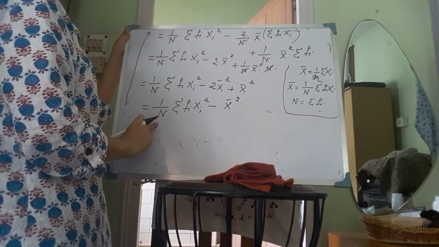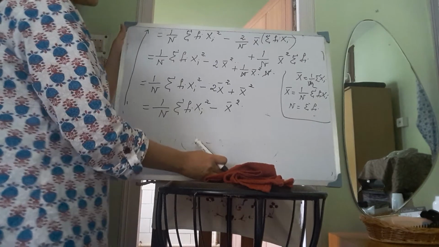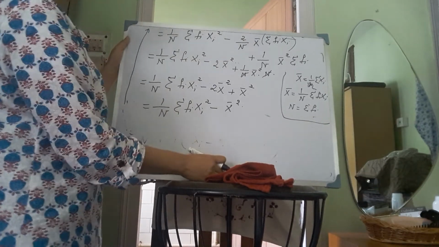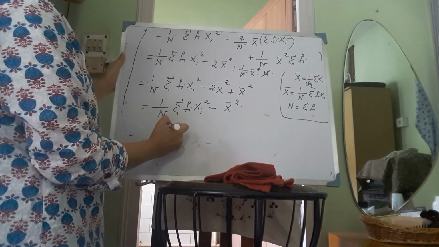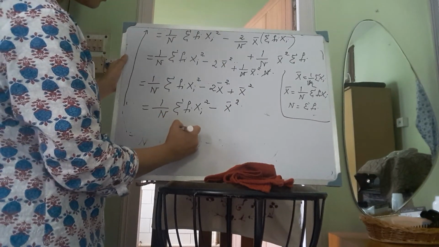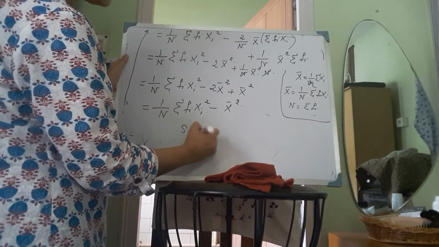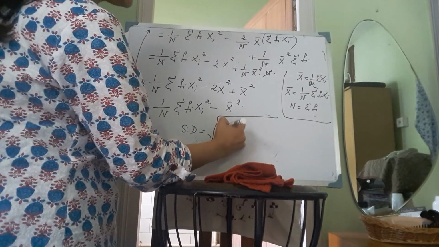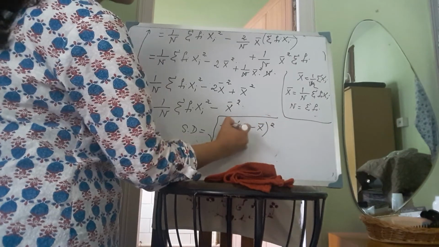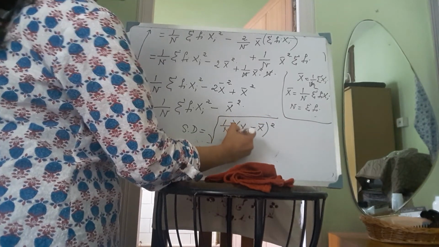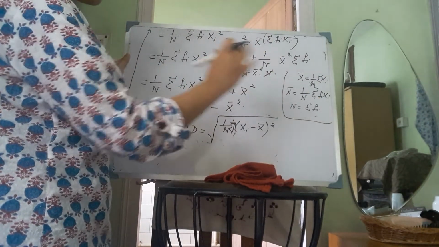So this is an alternative formula for calculating standard deviation when we have the data with frequency. So the first formula is under root of 1 by capital N summation fi into xi minus x bar whole square. So this is the first formula.